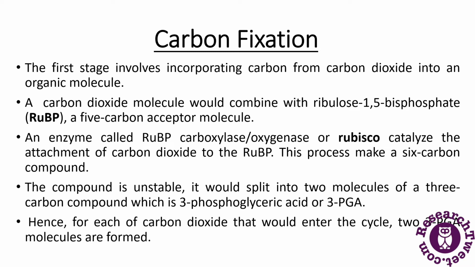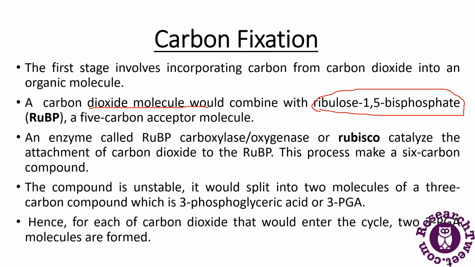Carbon fixation. The first stage involves incorporating carbon from carbon dioxide into an organic molecule. Here RuBP, the full form of which is ribulose 1,5-bisphosphate, is a 5 carbon acceptor molecule.